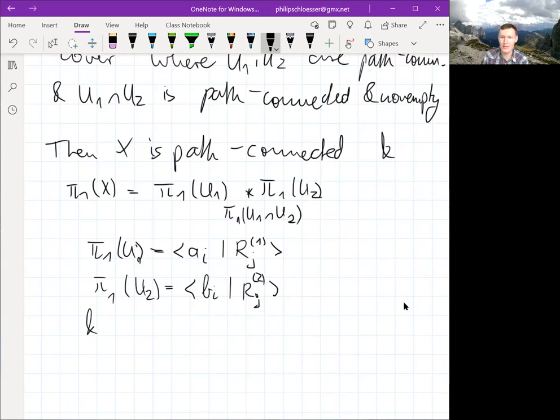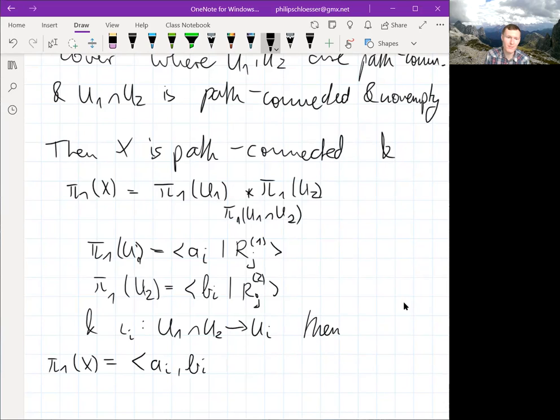And well, if iota i is the inclusion of the intersection of U1 and U2 in Ui, then we can write pi1 of X as a group generated by the generators ai and bi, with the relations of the first group and the second group.